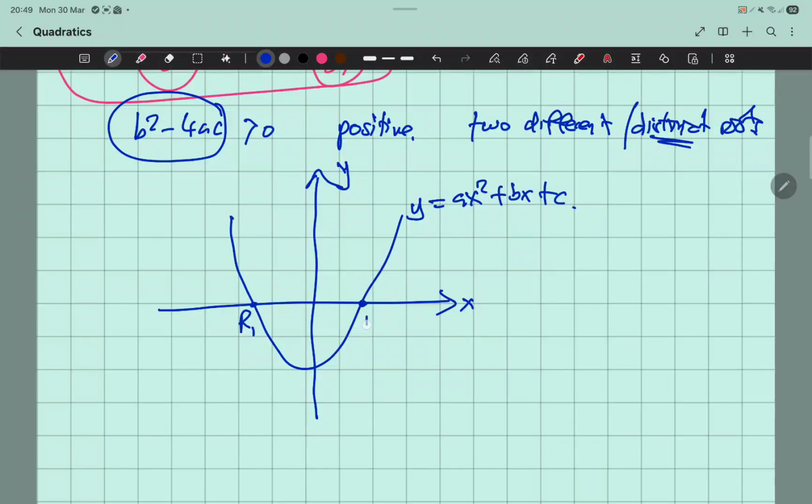So here R1 and R2 are distinct, in the sense that they are not the same; the other root has a different value to the other root. We will look at it in a very interesting way when we do questions that follow.